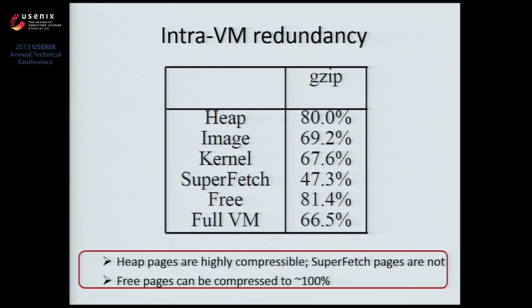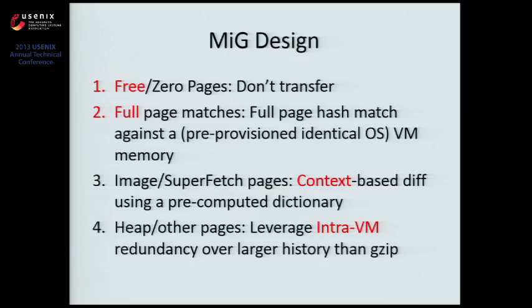But you can see that some pages are more compressible than others. For example, Superfetch is not as compressible, so can we do something for that? Heap is highly compressible, so each page has a different characteristic. Free pages, for example, are 80% compressible, but really we don't need to send them at all. The other side does not need to know that this page is free.